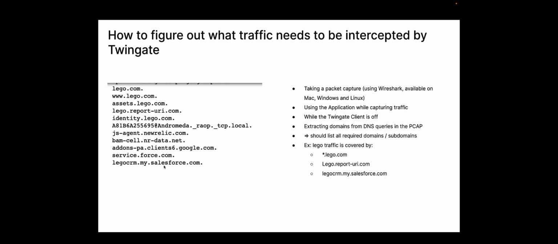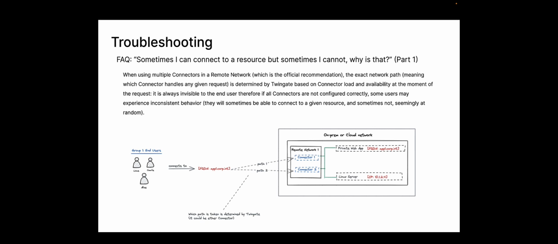Now, again, not that you would ever need to intercept the Salesforce traffic for Lego, but looking at DNS queries in a packet capture sometimes allows you to see what traffic and what domains your Twingate resources are not capturing. So it's always a good idea to do that if you're having those issues. It's a very niche issue. It happens almost never.